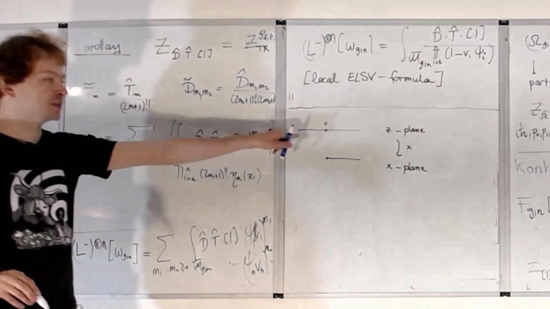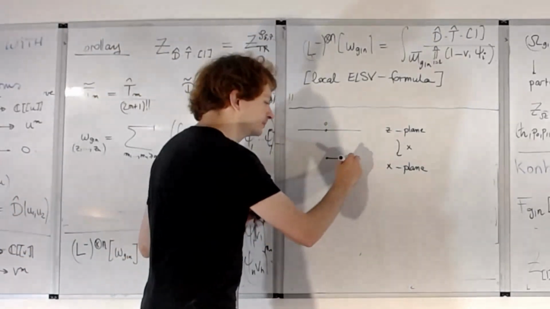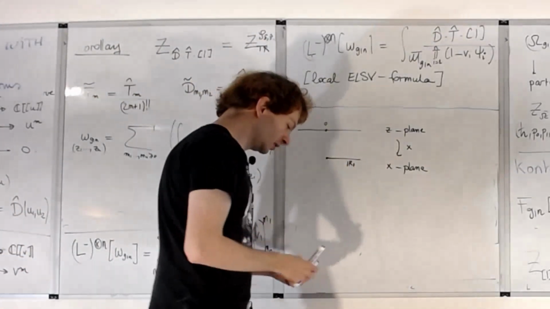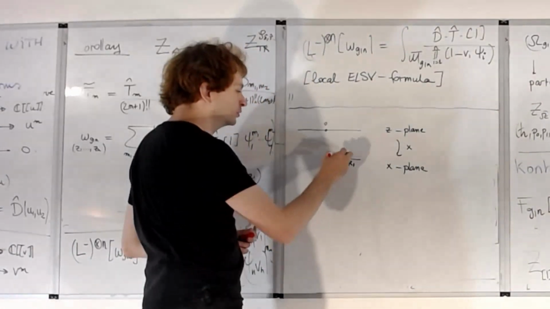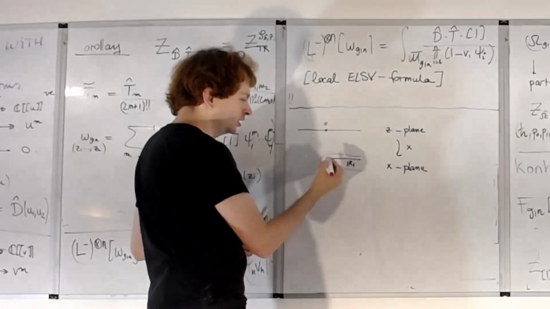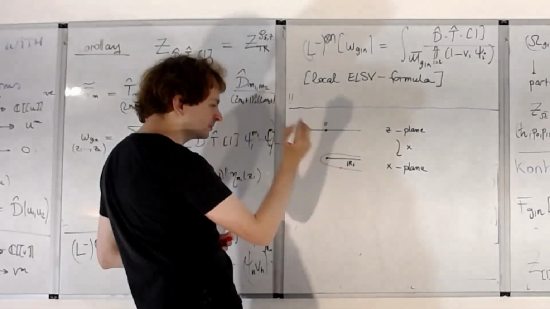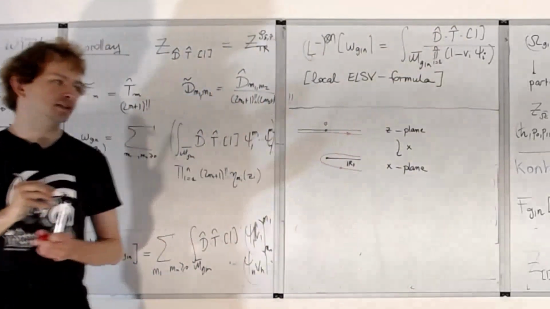So the line I drew is the preimage of the real positive axis. And I'm going to consider the following contour. So I want it to be in positive orientation. So if I didn't do something wrong, it is like this in the z-plane.